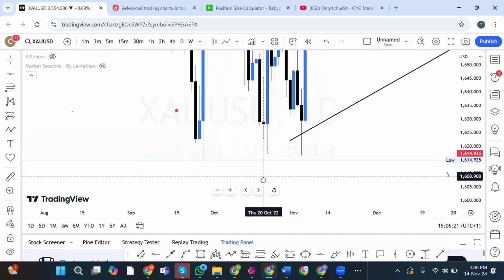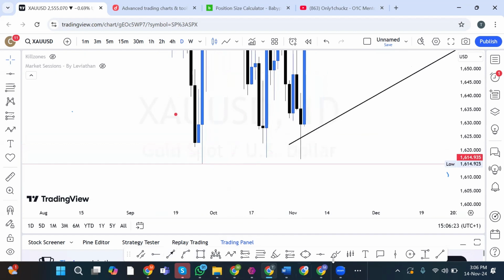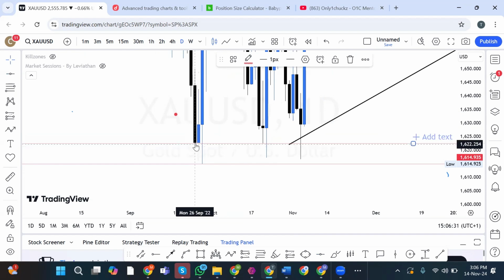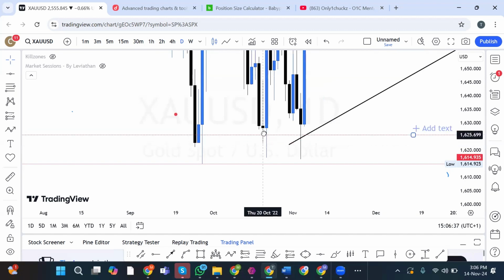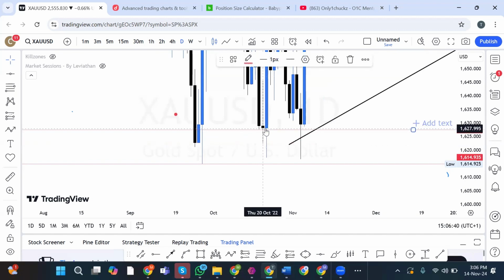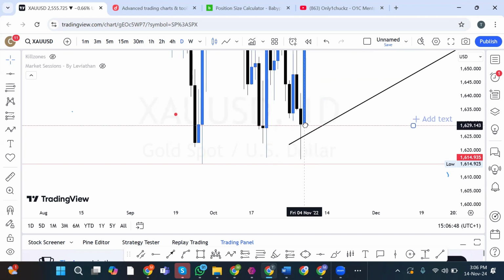Then I will double this line. This is the highest. Then I will start with this one, which caught the most reaction, but you see the rejection still got to this place. I will now extend it to the start of this candle. You see this other candle closed here and the next one started, so I will include this like this.